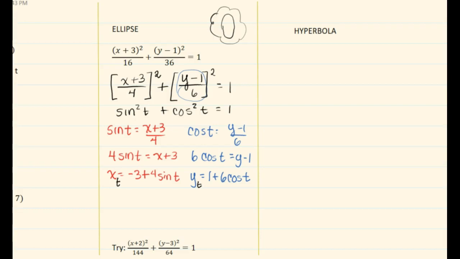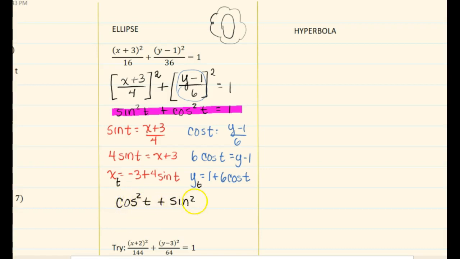One thing we can notice is that we used this relationship of sine squared plus cosine squared is equal to 1. We could have easily used cosine squared of t plus sine squared of t is equal to 1, meaning that when we were solving for x, we would have gotten x of t is equal to negative 3 plus 4 cosine of t.